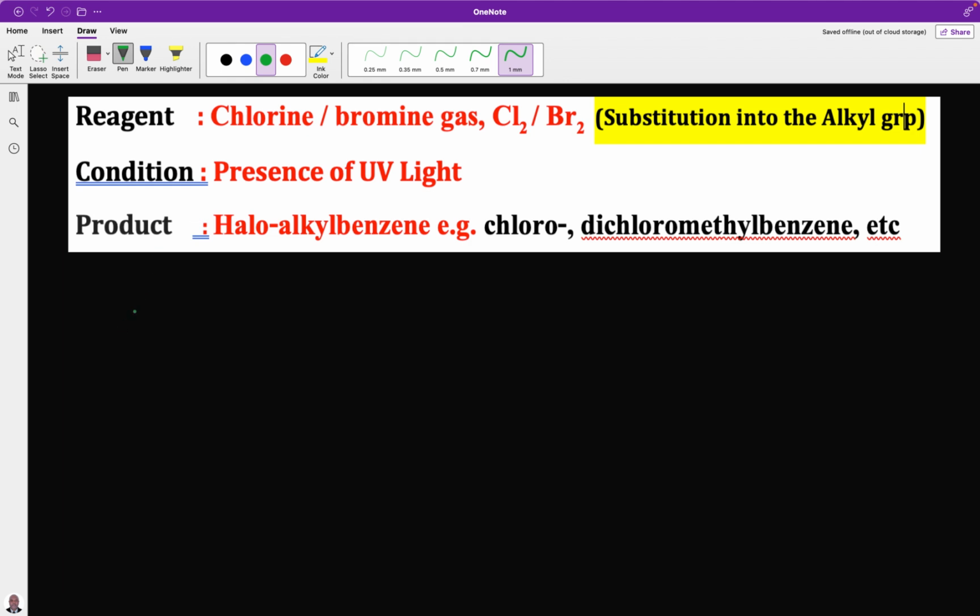So we will have here methylbenzene plus chlorine.